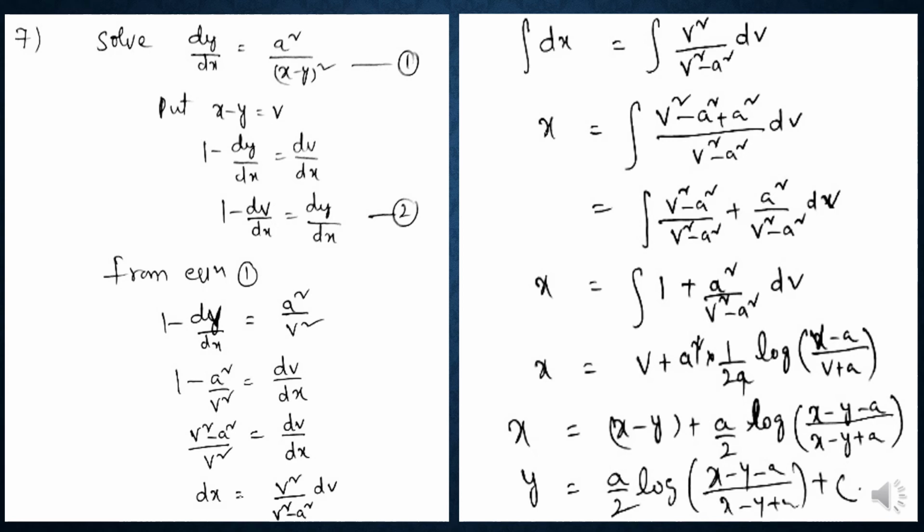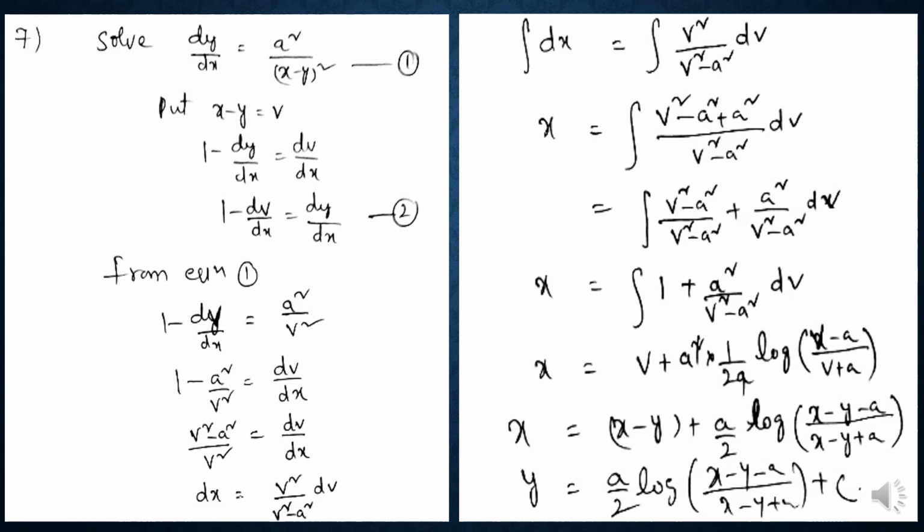Integral dx is equal to x. We know that integral dx is equal to x. Now to integrate this function, v square by v square minus a square dv, add and subtract a square to the numerator, that is v square minus a square plus a square dv.